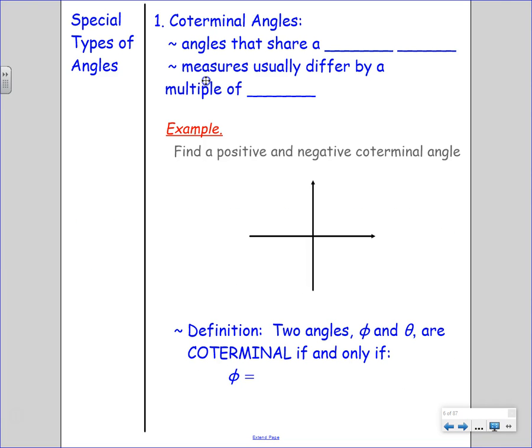Because the point of this section is actually not the unit circle, it's more of an intro. Unit circle is next section. We're just trying to get the basics down about angles, let's put it that way.